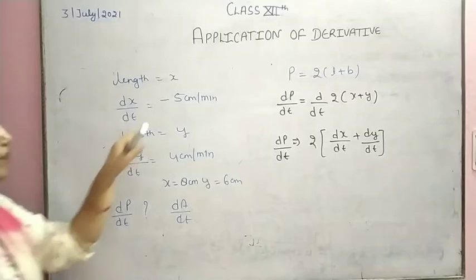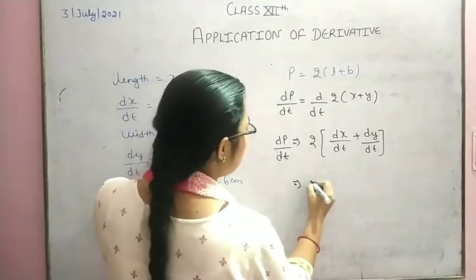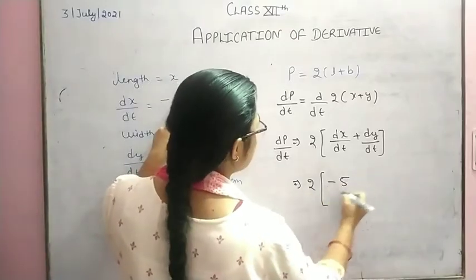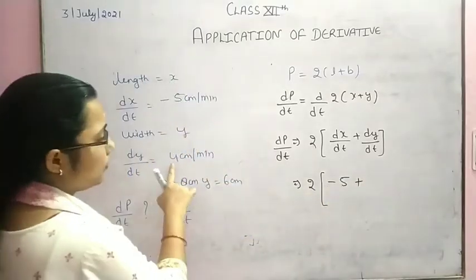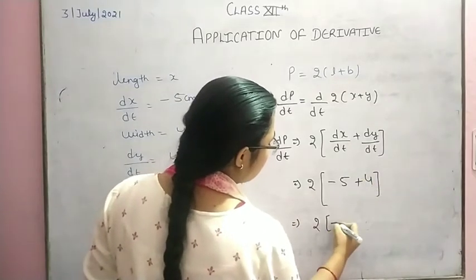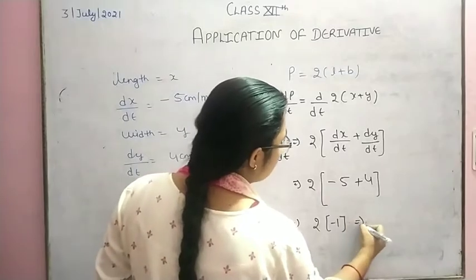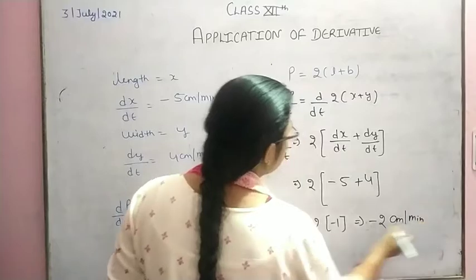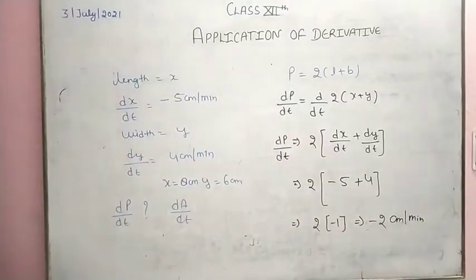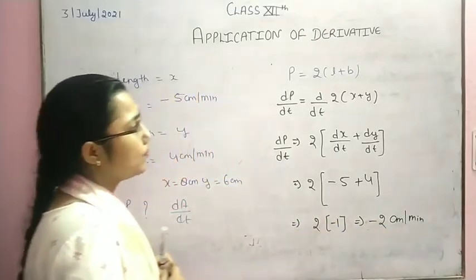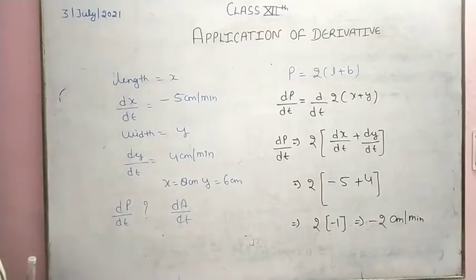Just put the values here. We get 2 times (minus 5 plus 4). So we get 2 into minus 1. Overall we get minus 2 centimeter per minute. So that means the rate of change of perimeter at the point (8, 6) is minus 2 centimeter per minute. So the perimeter is decreasing.